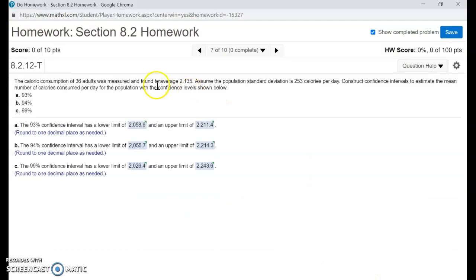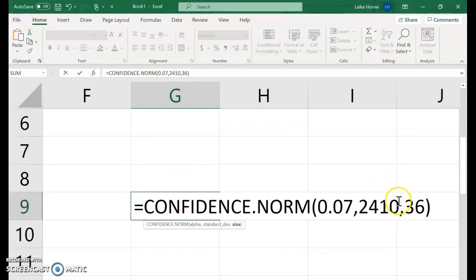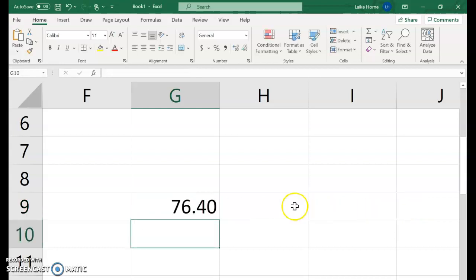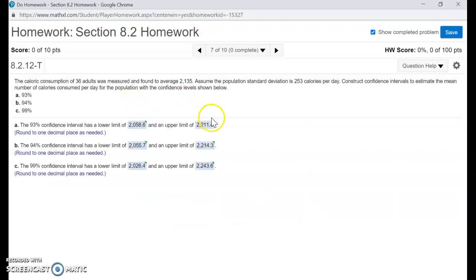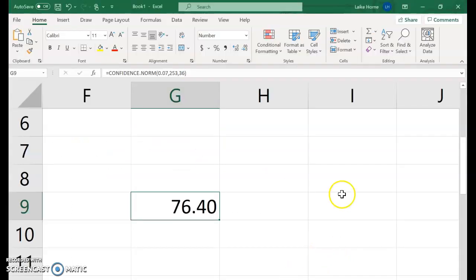Let's see what our standard deviation is. 253. So you're going to change that to 253. So here is our margin of error, 76.4, and we're rounding to 1 decimal place. Our average is 2135.